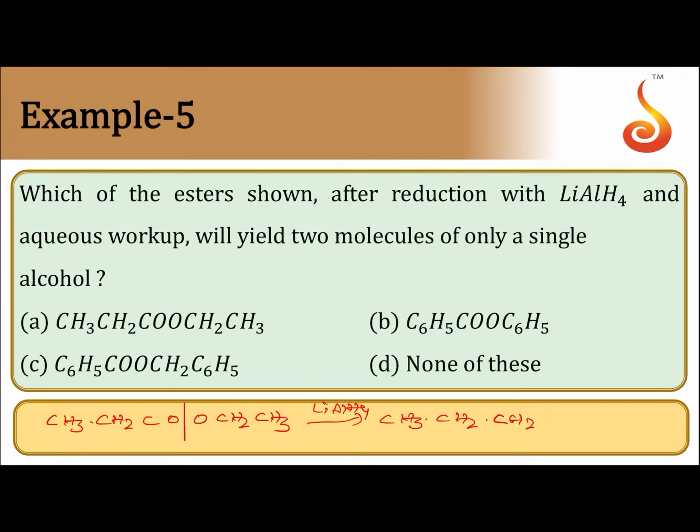CH3CH2CH2OH plus CH3CH2OH. This is propanol having 3 carbon atoms. This is ethanol having 2 carbon atoms. Means 2 alcohols are not same. First option ruled out.